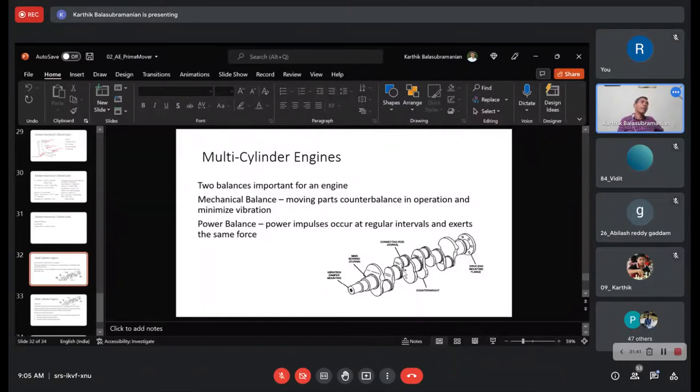These two are very crucial for an engine. These are the two balances taken care of by a multi-cylinder engine as opposed to a single cylinder engine. How many cylinders are advantageous? What kind of arrangement is advantageous? Why so? All these things we will discuss. But have you guys discussed engine balancing in kinematics or dynamics? Balancing of rotating masses, balancing of reciprocating masses.